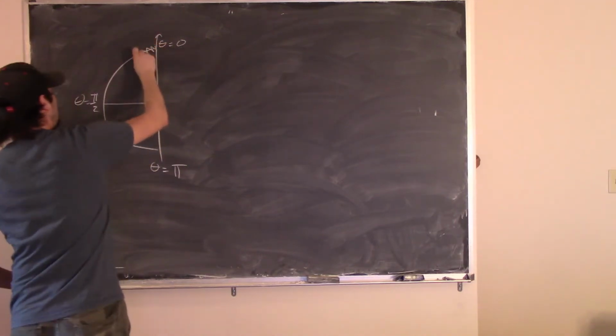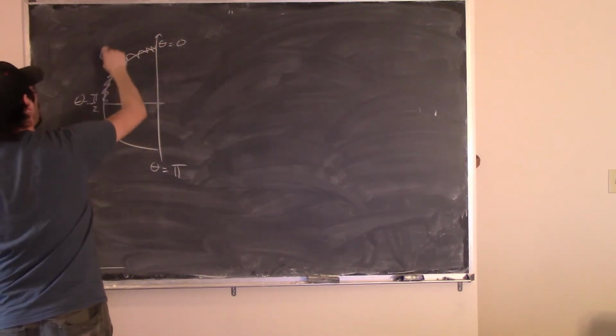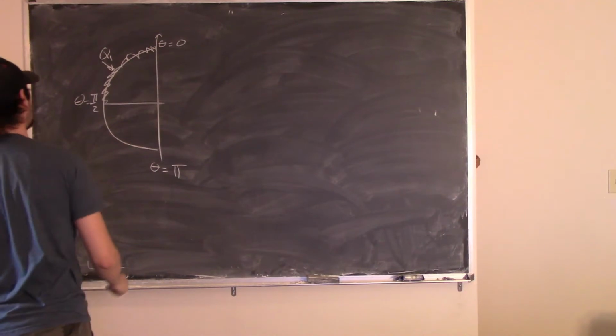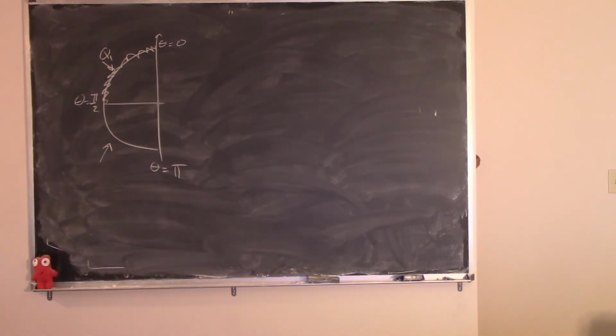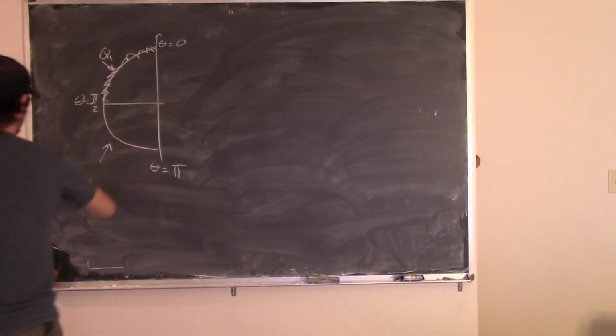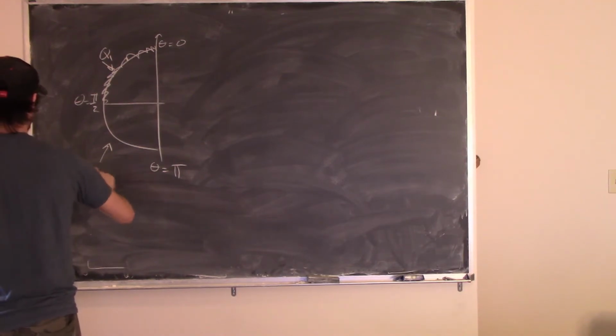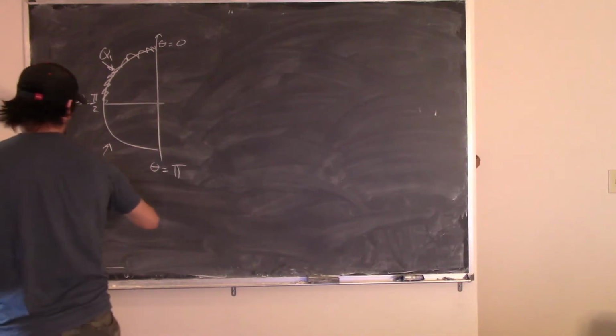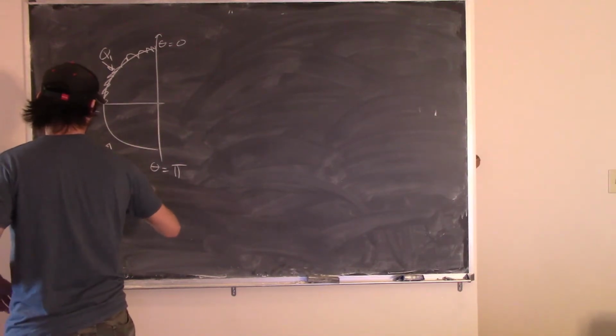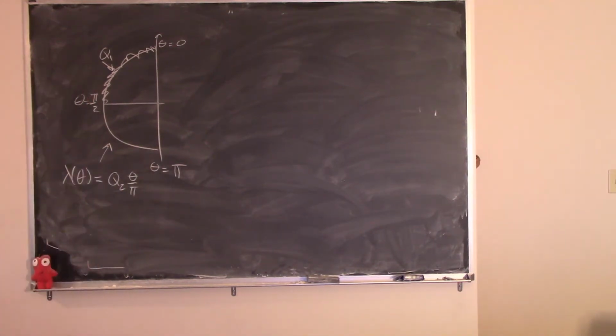So there's some q1 that's uniformly distributed here, and here you're given some function for lambda as a function of theta. So this is lambda as a function of theta is going to be equal to q2 theta divided by pi. And I also need a radius here. This is just a radius of r.